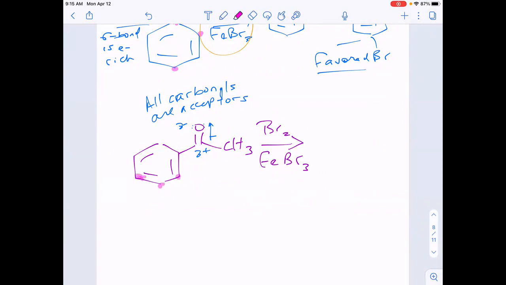A meta arrangement is 1-3 compared to the initial substituent. So that's 1, 2, 3. If you have an acceptor on the ring like that, it's going to be a meta director. So your product is going to be here. You only get one product, because when I do a bromination on the ring, all I'm doing is putting one bromine on that ring.